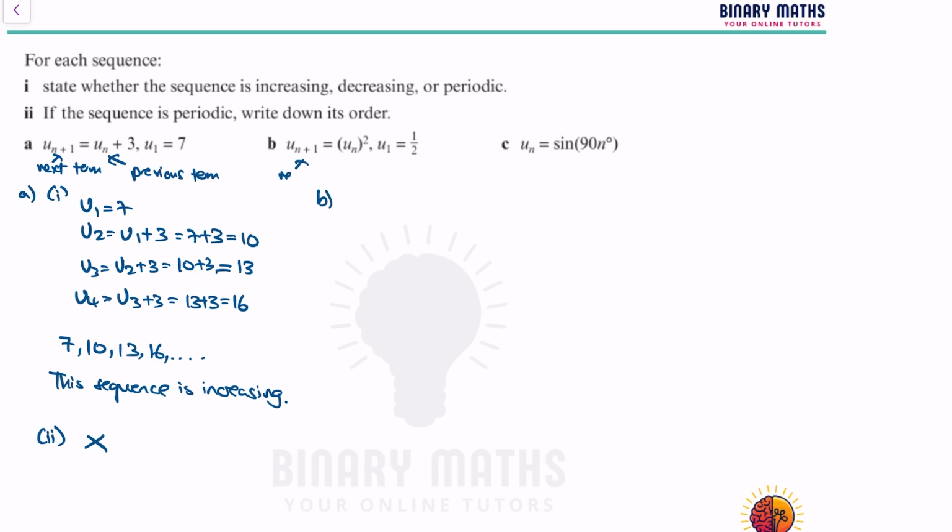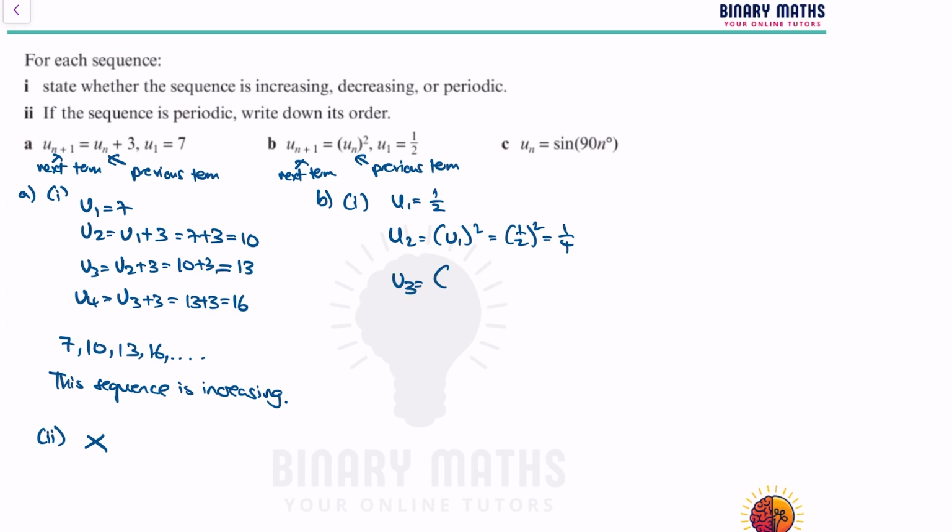So to get the next term, you're taking the previous term and you're squaring it. So part 1 is U1 is equal to half. U2 will be equal to U1 all squared, which is equal to half squared, which is equal to a quarter.